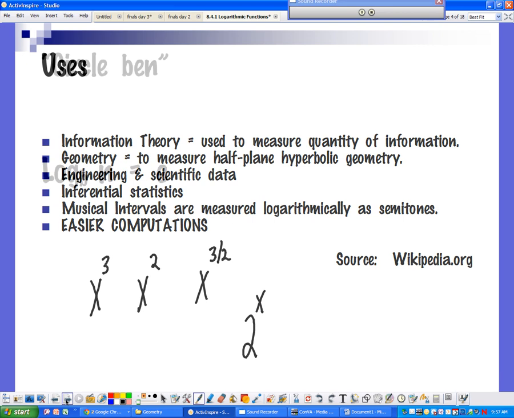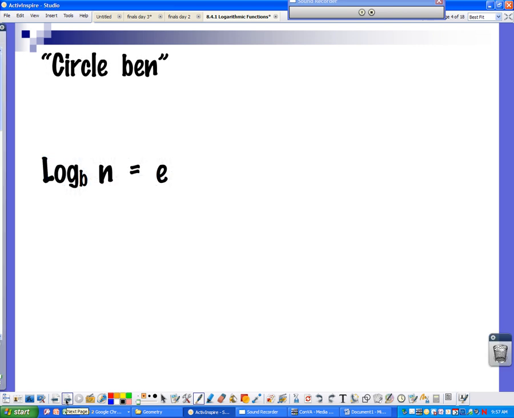This next slide is probably the most important information. I call it circle BEN because this is the way that the log is actually going to look. The b is known as the base of the log. Basically, if I told you to write it in log form, it would be log base b of n equals e.